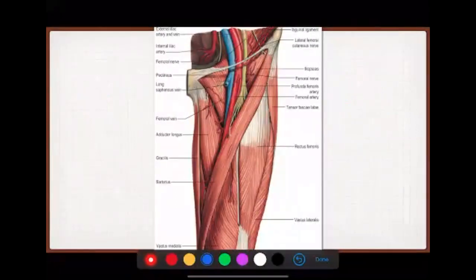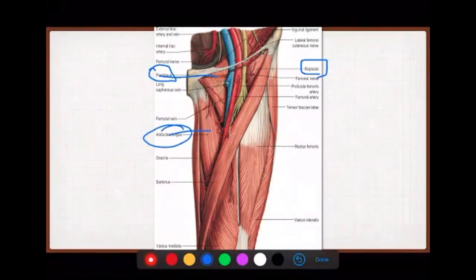You see, this is iliopsoas, and this is pectineus. These muscles form the floor of the femoral triangle along with adductor longus. This is the inguinal ligament, femoral nerve, femoral artery, femoral vein.